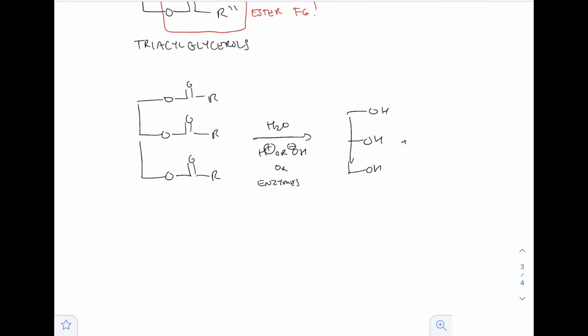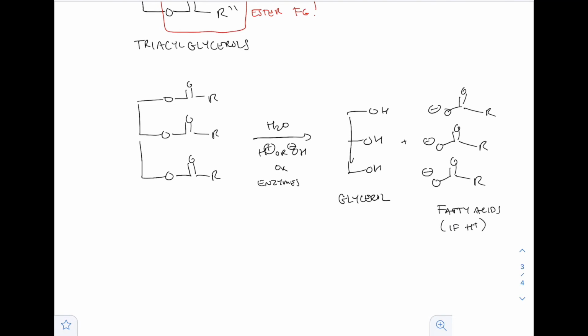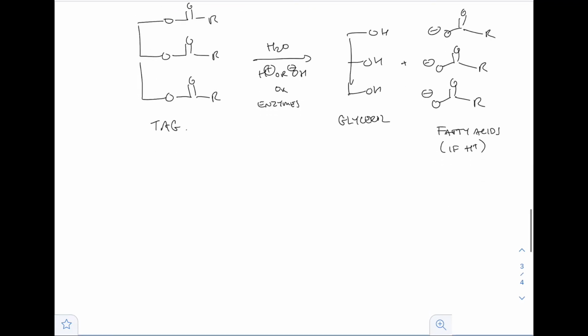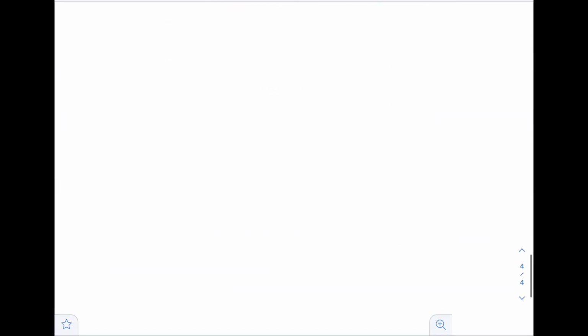So we use water and acid or base or an enzyme, and we can split it up into an alcohol as well as a carboxylic acid or a carboxylate. If it's a carboxylate, then that means we used hydroxide. So we form a fatty acid if it's an acid catalyzed hydrolysis of a triacylglycerol, but otherwise it's going to be the carboxylate.